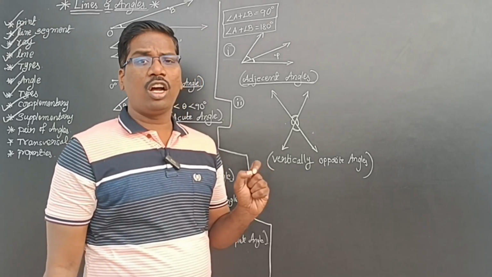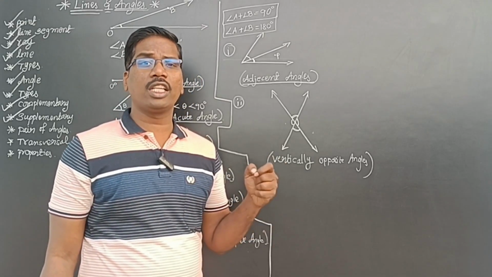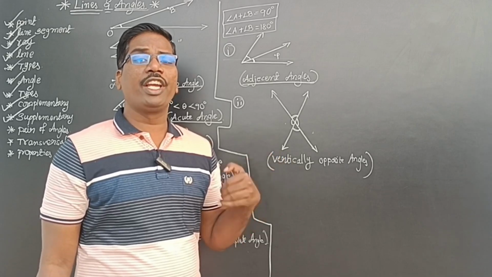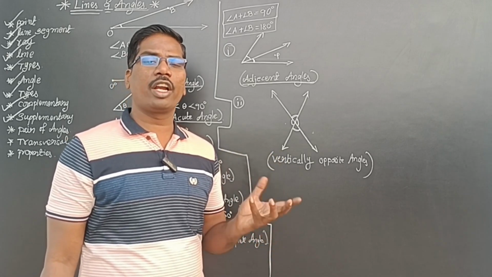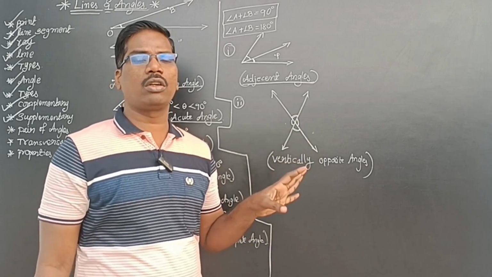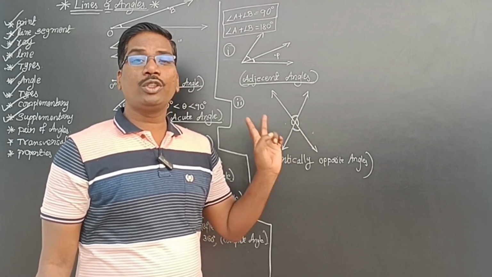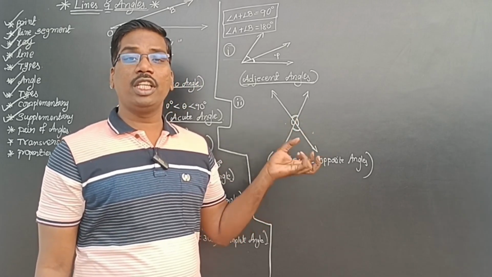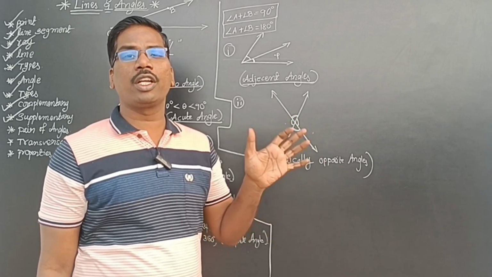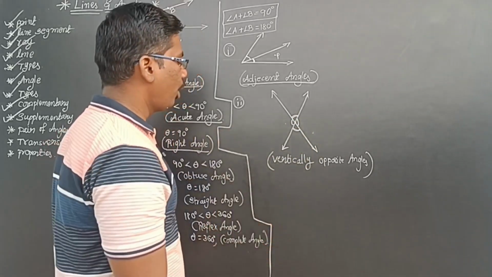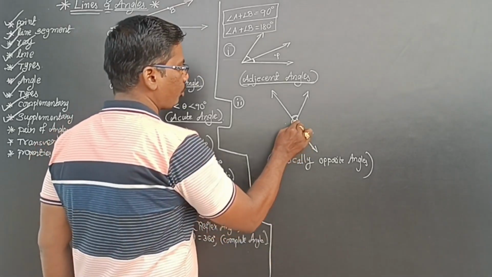Two angles are opposite each other, have the same initial point, and do not have any common ray. Then those angles are called vertically opposite angles. Here we get two pairs of vertically opposite angles, and they are equal. So vertically opposite angles are equal.